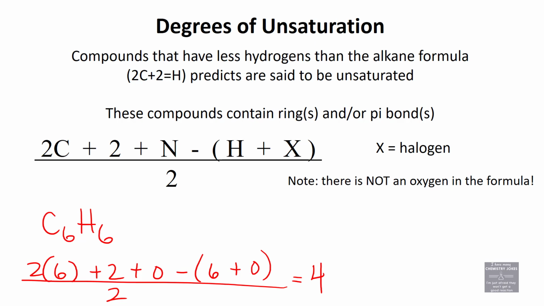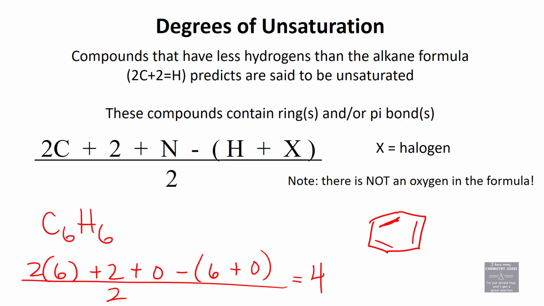So 4 could mean it has 4 pi bonds, or 4 rings, or any combination thereof. You're probably not going to have 4 rings when you have 6 carbons, but benzene actually has a degrees of unsaturation of 4. 1 ring and 3 pi bonds. So benzene fits that formula.